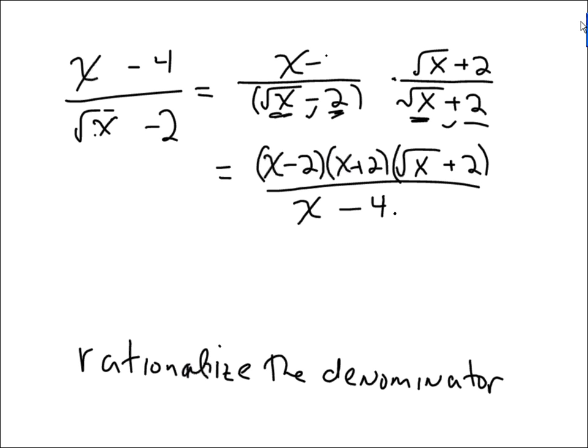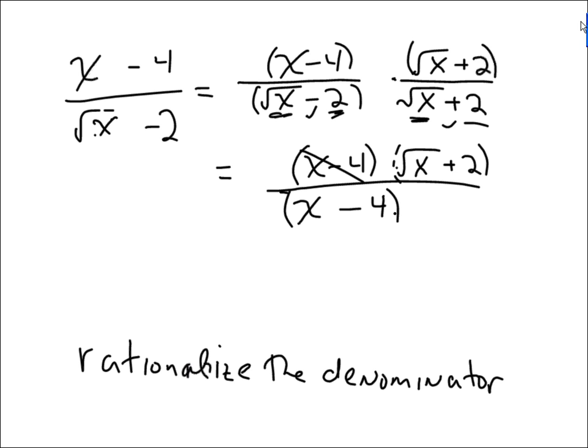The top is just x minus 4 times the square root of x plus 2. That's just what I'm going to put in the next line. X minus 4 over x minus 4. And as long as x is not 4, we get the square root of x plus 2.